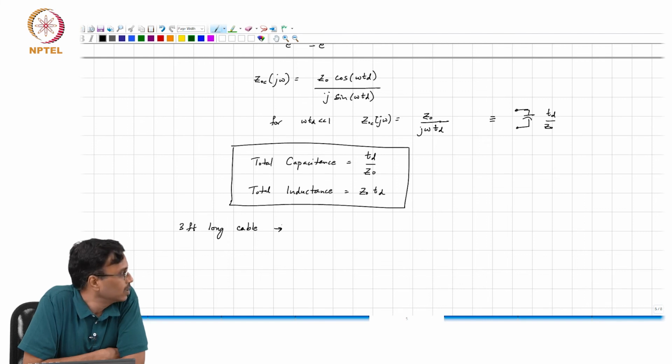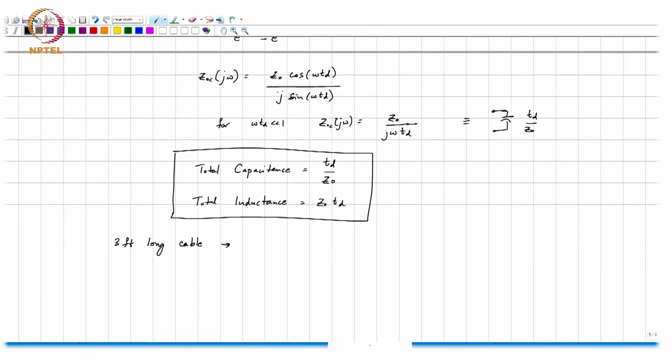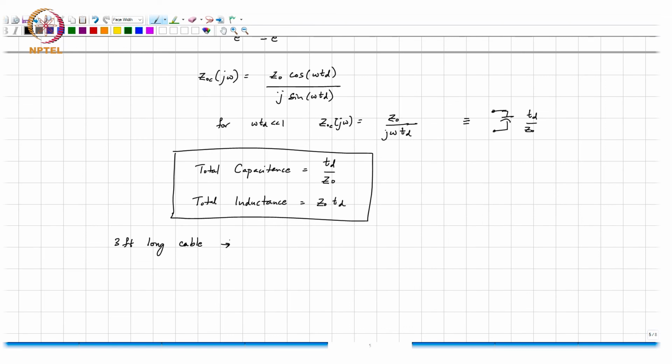How will you figure it out? Well, the cultural part of the question is, what is Z0? You have done enough courses to know this. What is the standard impedance used? 50 ohms. Well, we got that out of the way. Right? We need to find TD.